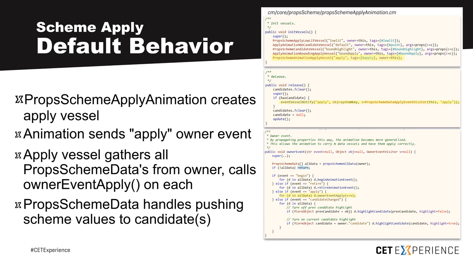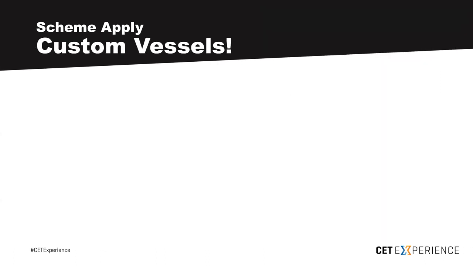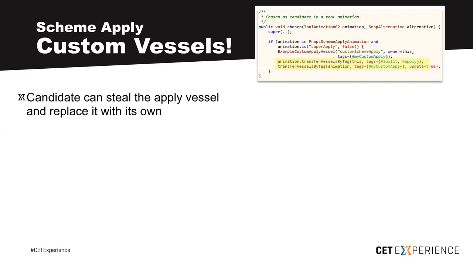But we have sort of an alternative route for people that need this functionality. In order to do that, you are going to use custom vessels. So I'm going to quickly go through what that looks like. I have an example of how you might do that here. So first, in your chosen of the snapper, then the candidate can actually steal the default apply vessel from the animation and replace it with its own custom apply.